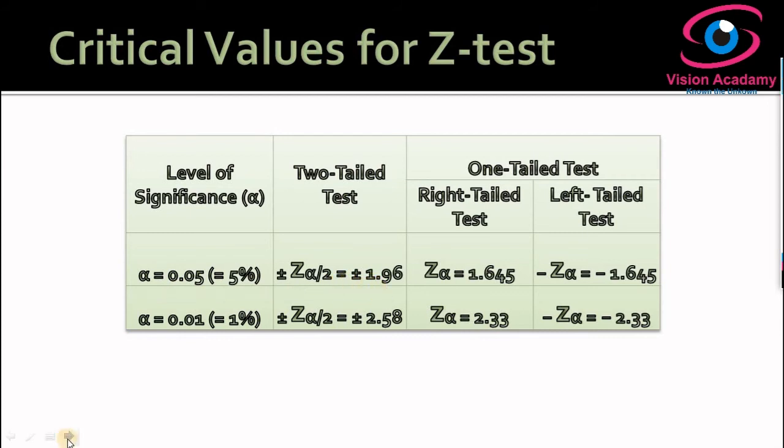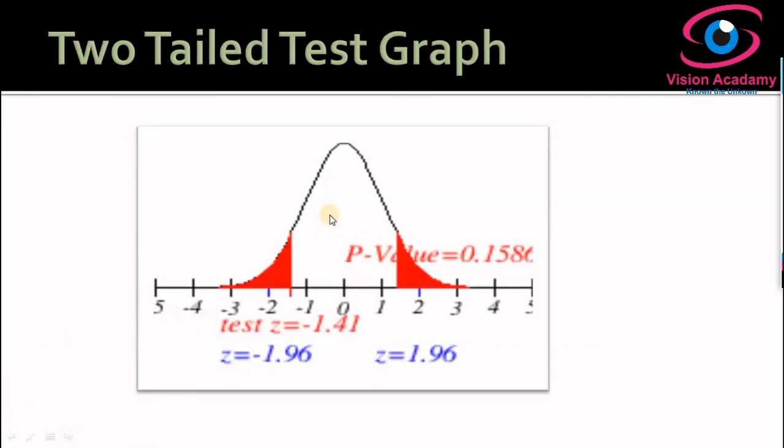After getting the critical value for your level of significance, you want to put that critical value and the tested value into the graph. Here our tested value is minus 1.41. Since this graph is symmetric about its mean, the right side is positive infinity and the left side is negative infinity.